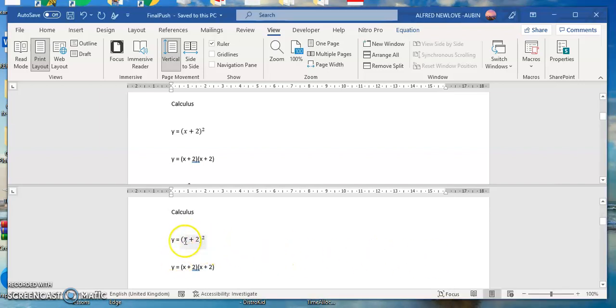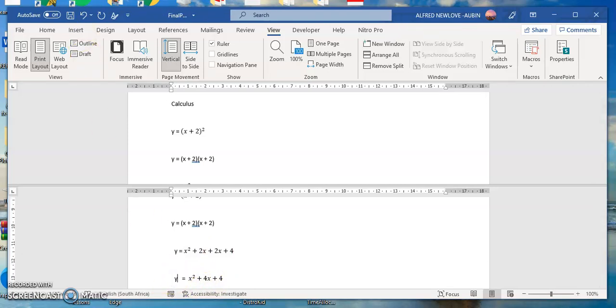If, for instance, you have this one, we know that we can write it this way. Then, if I expand this one, I'm going to get this. And you know 2 plus 2 is going to give us 4. So y is equal to this one.